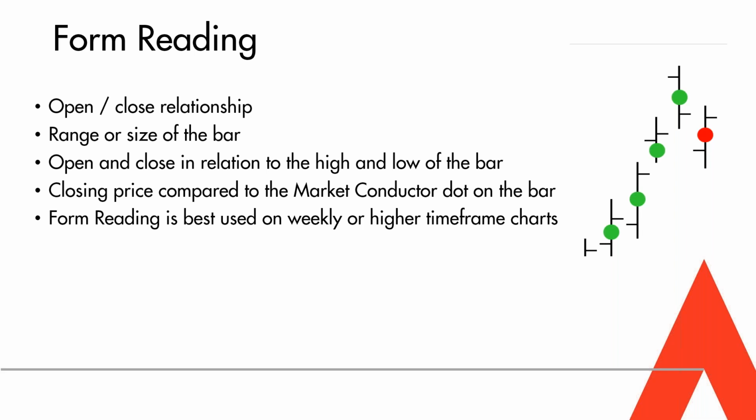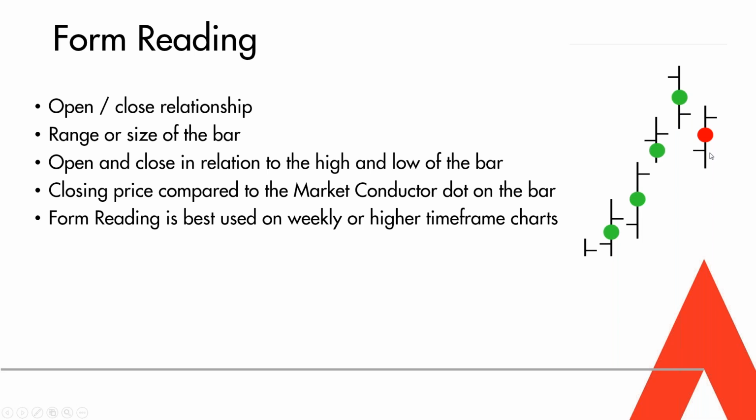If you've got green market conductor dots, if it's continuing up further, you'd like to see closes above the green market conductor dots. If, on the other hand, you look at the second last bar up here, it's closed below the green dot, well, that's not a very good sign for the short-term uptrend and would suggest a downward movement from this level.